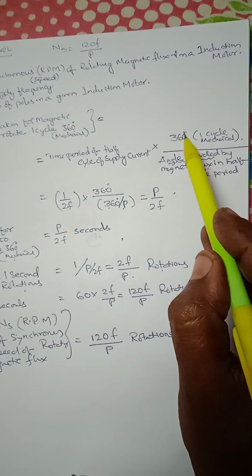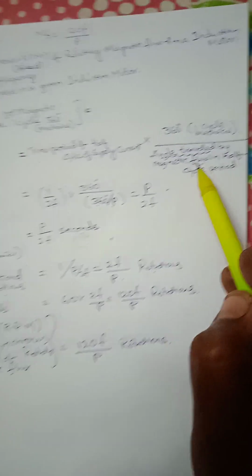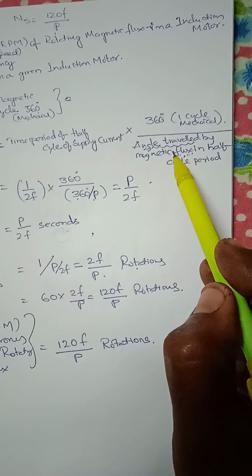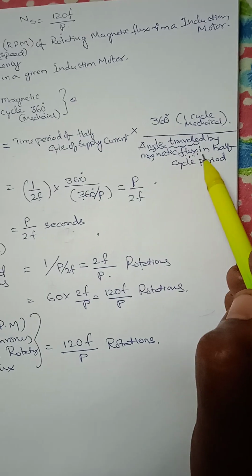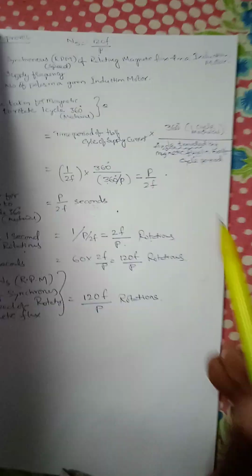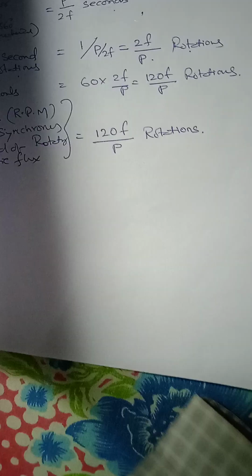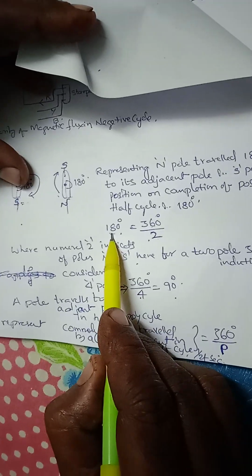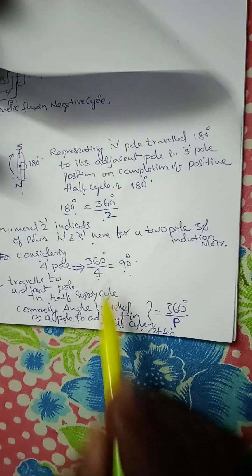What is the angle traveled? We have proven it here: 360 degrees by the number of poles. If it is 2 poles, it will travel 180 degrees. If it is 4 poles, it will travel 90 degrees.